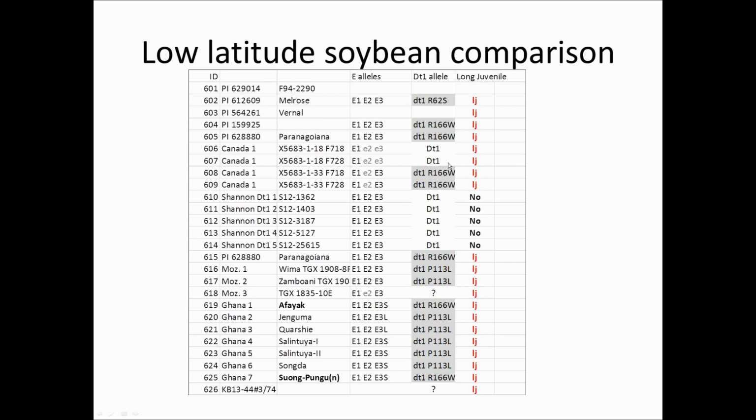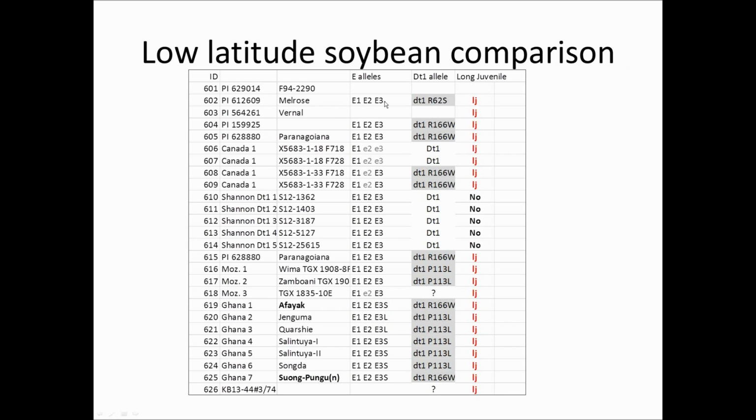And then a series of lines from Elroy Kober's work, determinate or indeterminate, that have the long juvenile gene brought in from this parent, Piranha goyiana. And then Dr. James may see his Melrose line here.